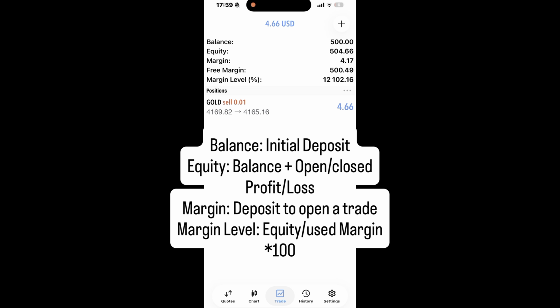The margin is the amount of money you need to deposit to hold a trade open, and that's in the example here 0.01 lot of gold, which only cost us around $4 in margin because we used leverage.